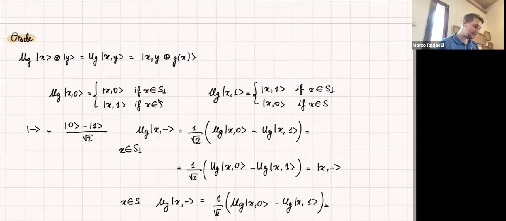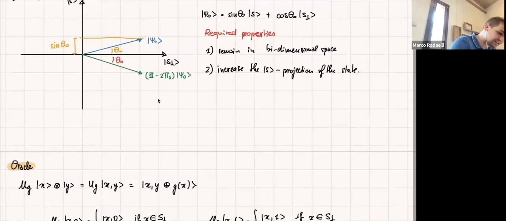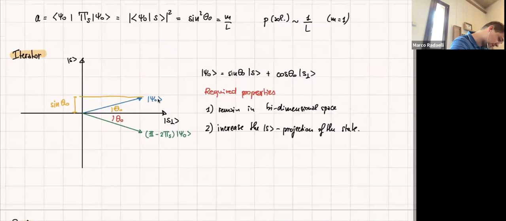So this means that if we start from our green state at this point and we reflect it around psi naught, which remember is this, we are going to move in this direction by 2 theta naught.